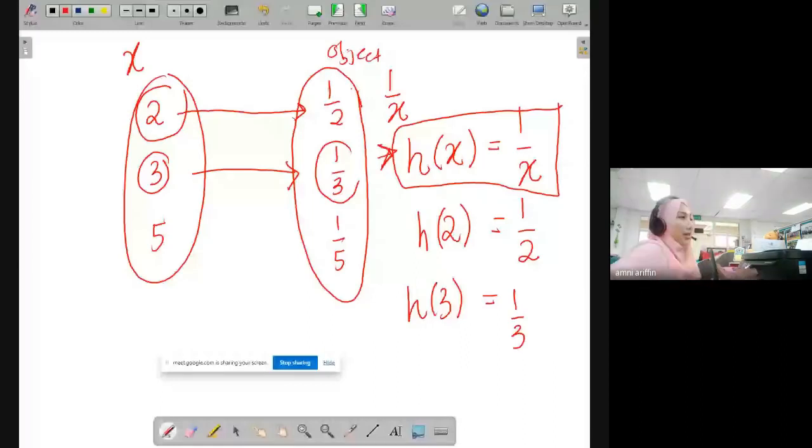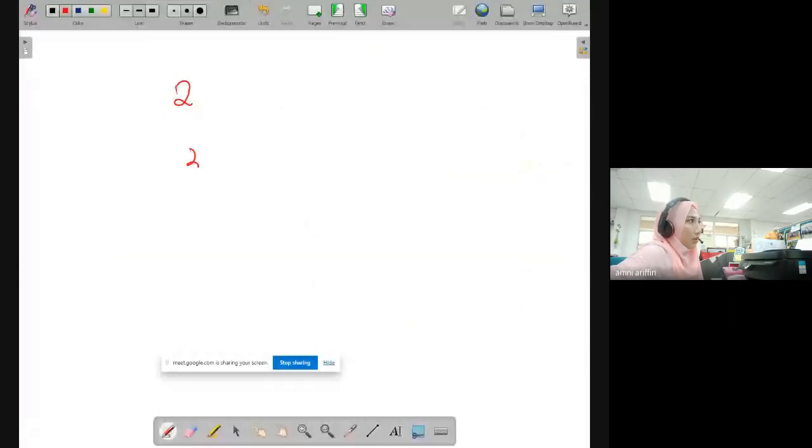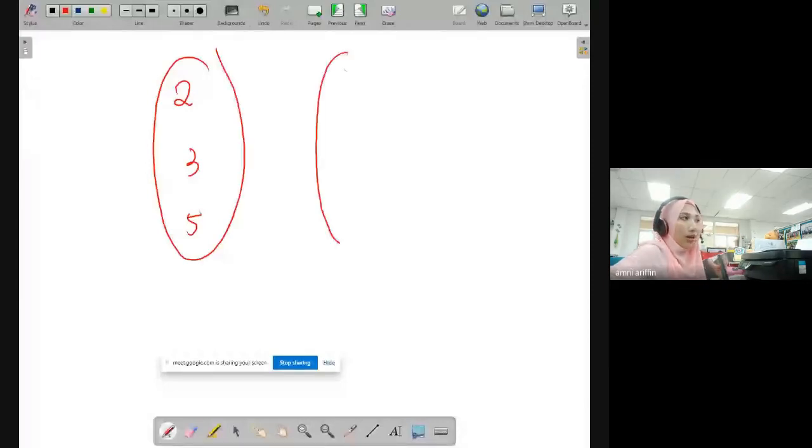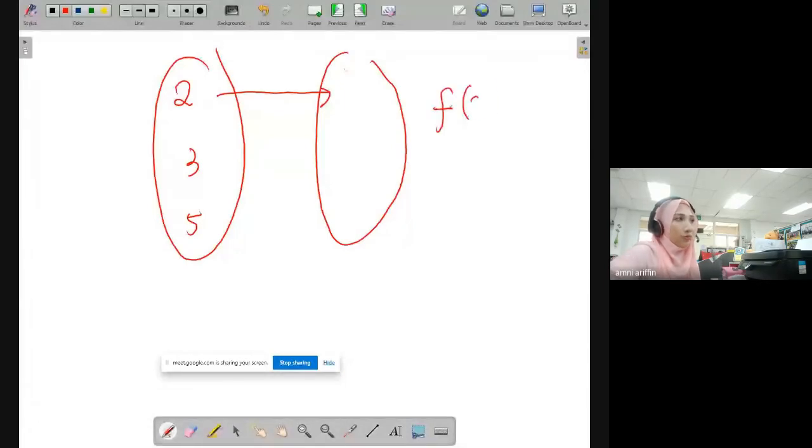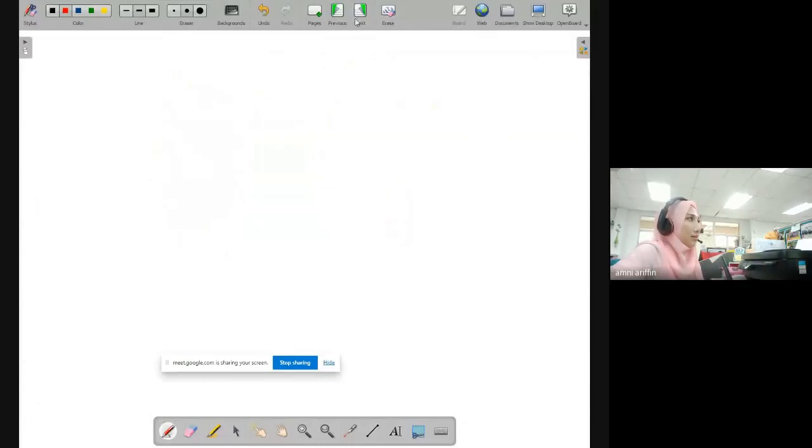Okay, katakanlah contohnya, saya bagi kamu 2, 3, 5.